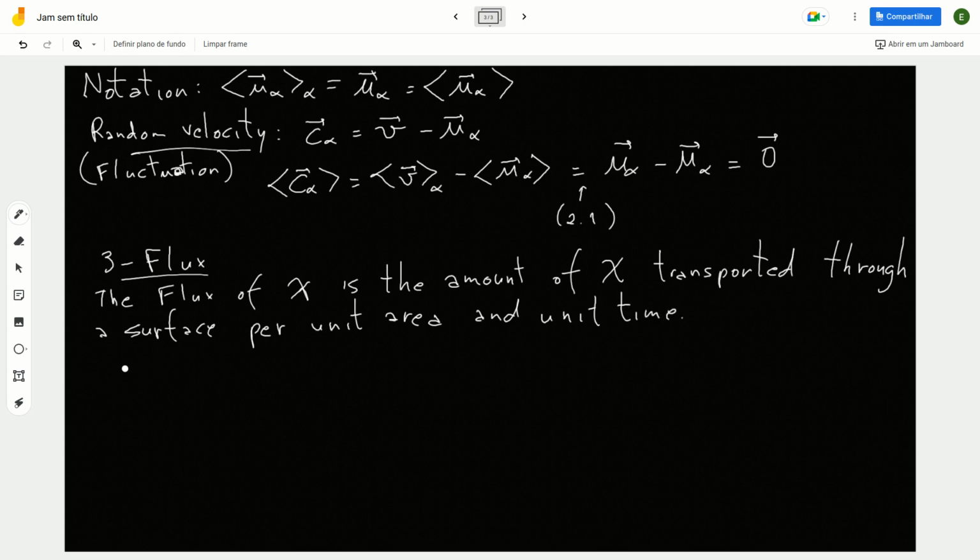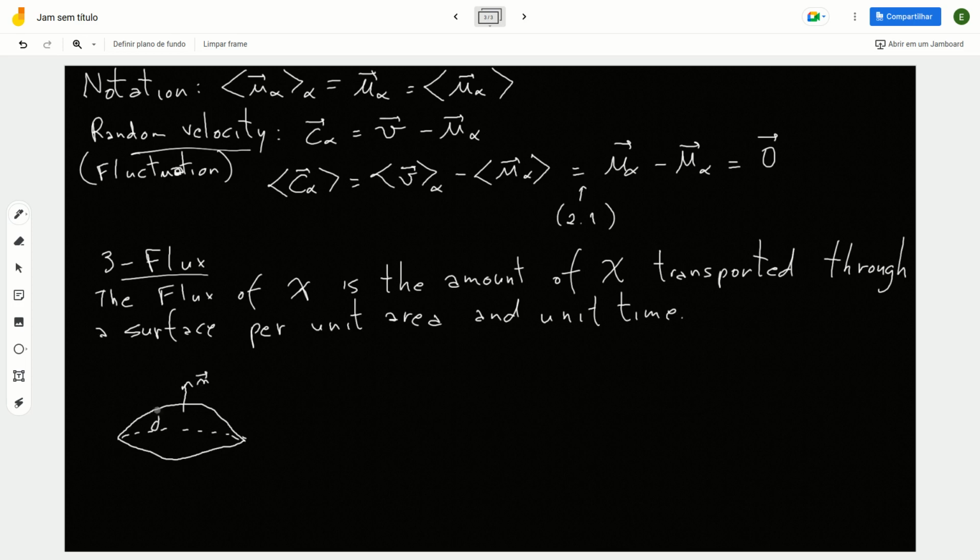That's the flux. We'll use then a surface element. Let's say we have a surface element here. It has a boundary or a border here. And it has a unit normal vector.